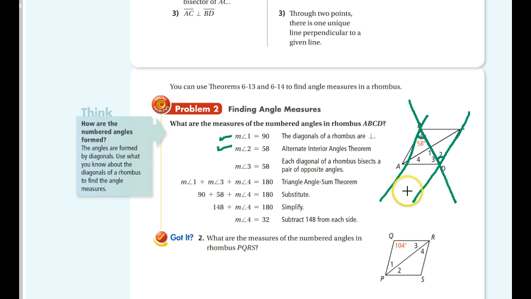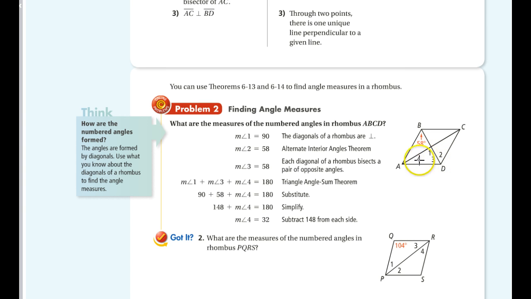Angle 3 has to also be 58 because each diagonal bisects an opposite angle. So diagonal BD bisects the angle, and 2 and 3 are congruent because they've been bisected. So angle 3 has to be 58.